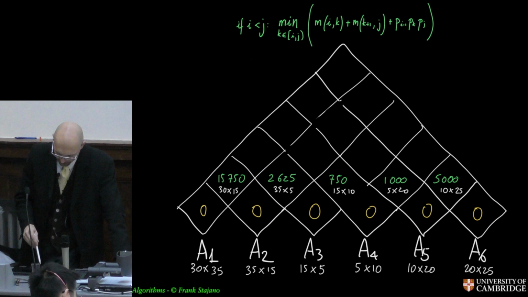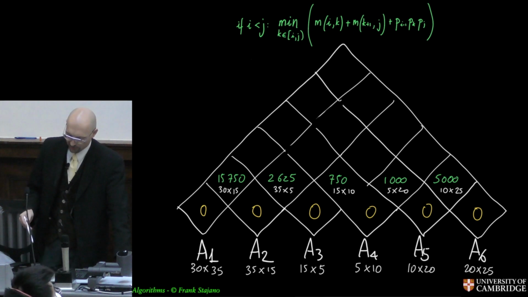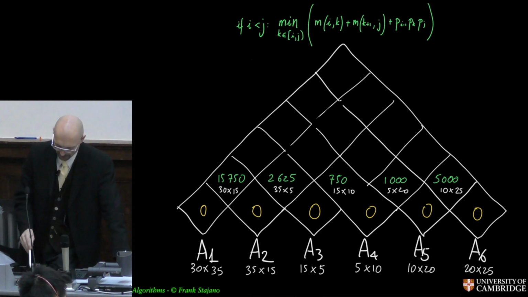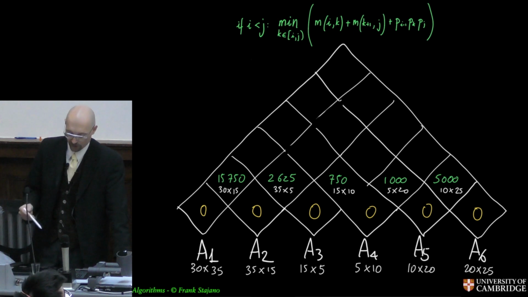And in here, at any cell, for example this cell, I'm going to put the minimum cost from A2 to A6. And the minimum cost from A2 to A6, this formula tells us, is the minimum over choosing to cut here, here, here, or here, of the minimum cost of the left side, the minimum cost of the right side, and the cost of combining them together.